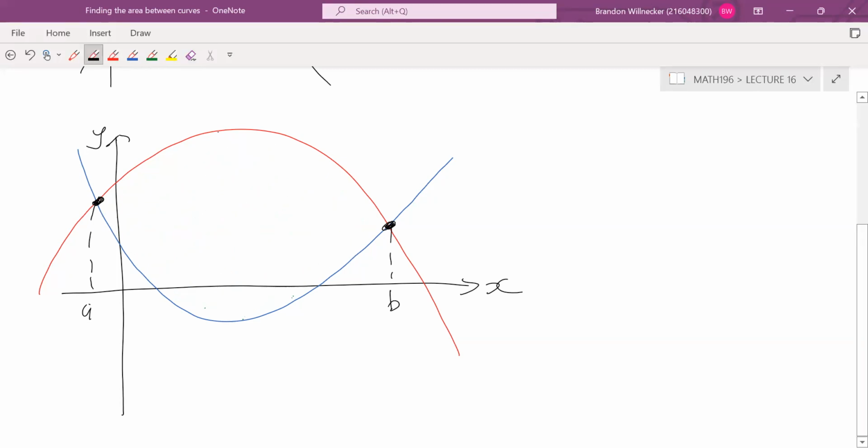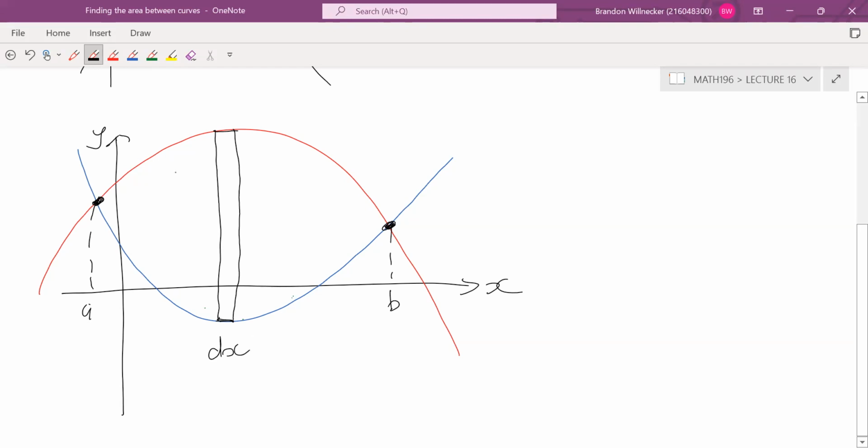Okay, so if I just draw in a rectangle here, this is just one of the rectangles that we're going to be using. We know that the width of this rectangle is dx. That's the little width. And then what is the height going to be?